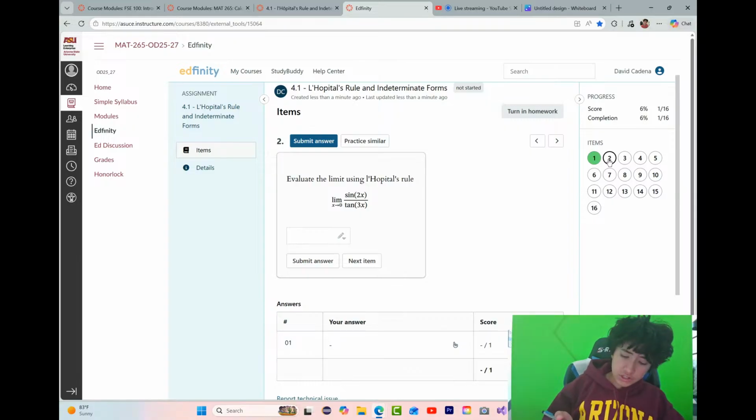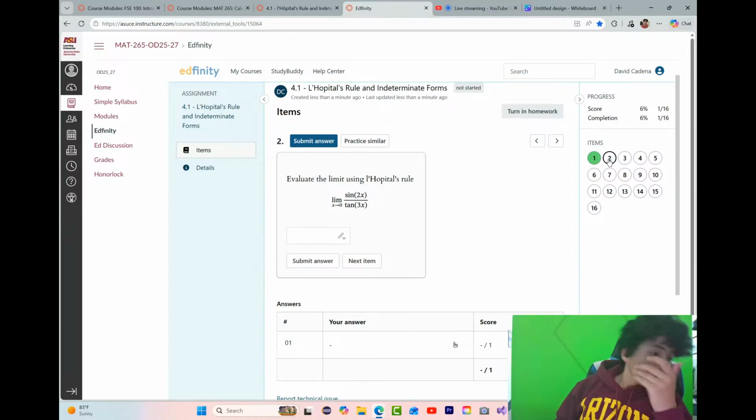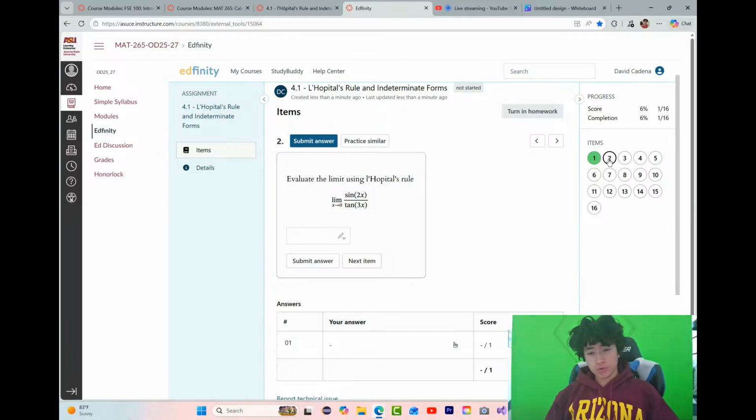So plugging in 0, we get sine of 0, which is 0, over tangent of 0. So 0 over cosine of 0, which is what's cosine of 0? 1. So 0 over 1 is 0. So we have 0 over 0. So that's an indeterminate quotient. And if that's the case, which it is, we'll have to apply L'Hopital's rule.